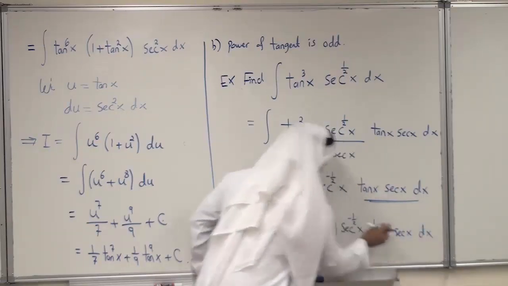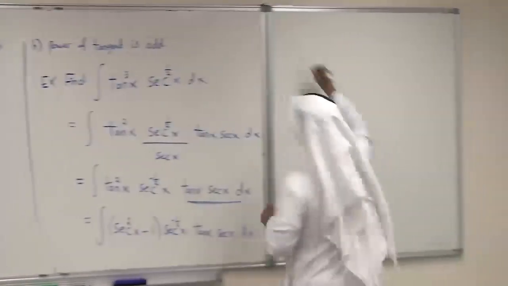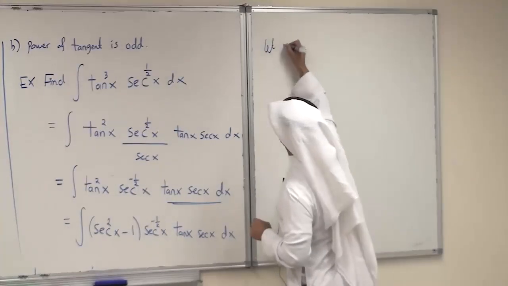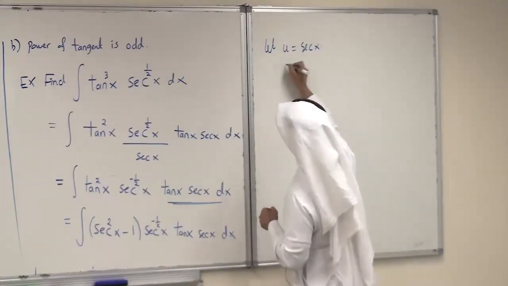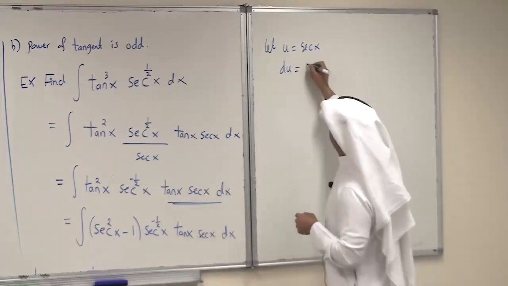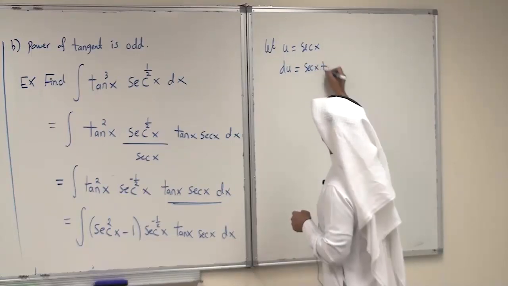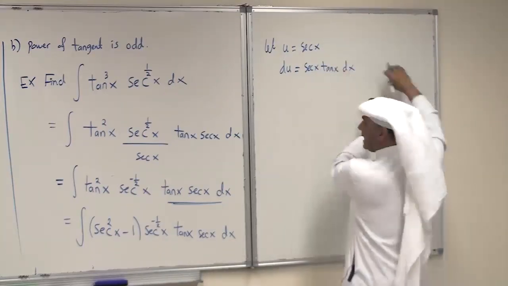I will not touch this one because my target now is to make a substitution. What is that substitution? I will let u be equal to secant of x. And this of course implies that du is secant of x tangent of x dx, the one I saved, the one I separated.